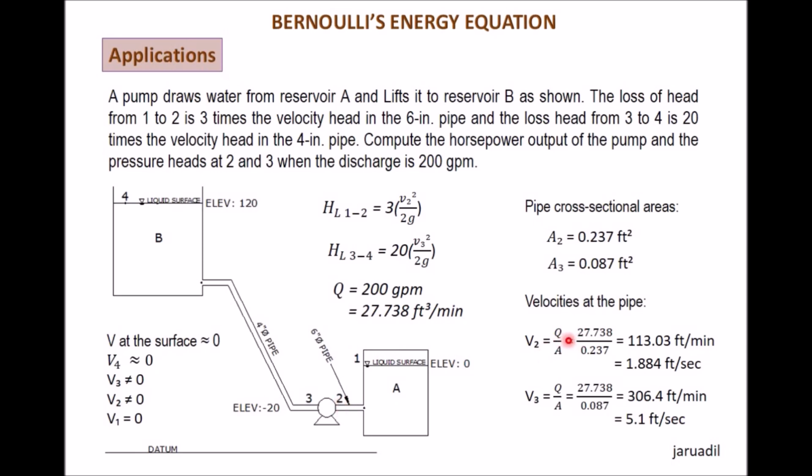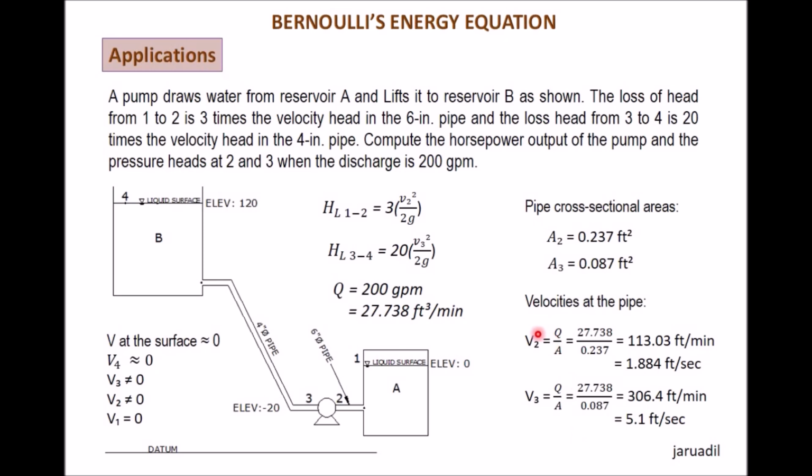That is Q divided by A. So that is equal to 113.03 feet per minute or 1.884 feet per second. You just divide this by 60 seconds per minute. Now the velocity at point 3 can also be computed using this equation. So this is Q, 27.738 divided by A. So that is equal to 5.1 feet per second.